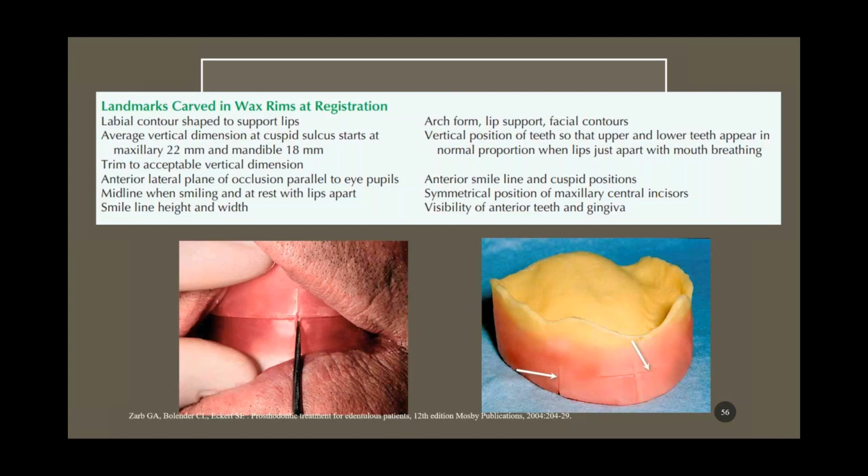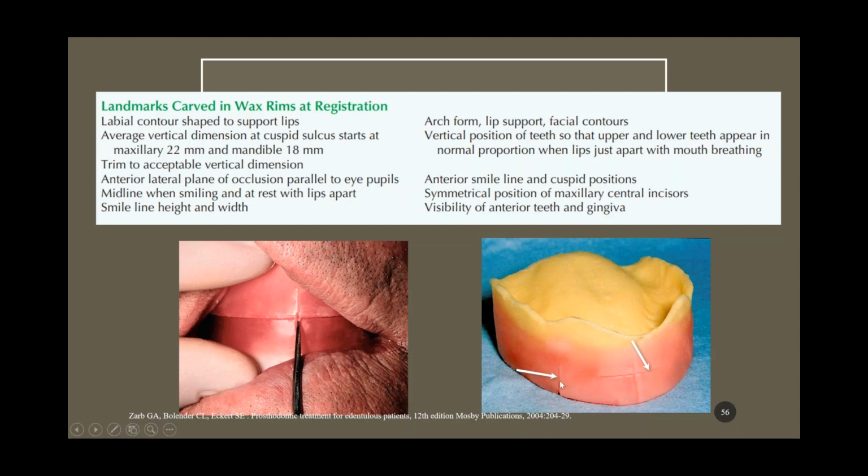So once the jaw relation is done, a few landmarks can be carved onto the occlusal rims, which can help in the selection of the teeth. One is the midline, which will help in symmetrical positioning of the maxillary central incisors, and the other is the canine line.